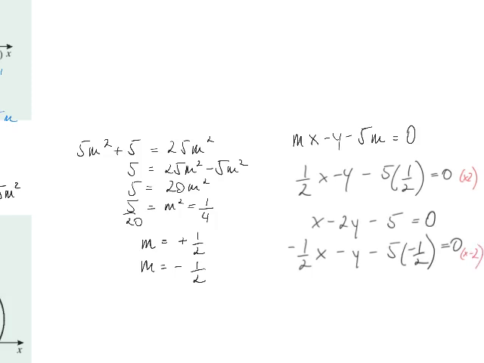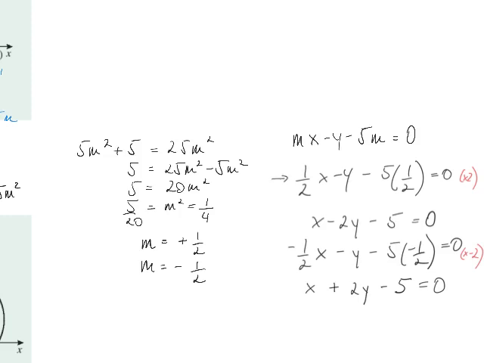Okay, so that leaves me with x, and now I have plus 2y, and then minus 5 times minus 1/2 would be plus 5/2, but then I multiply by minus 2, so I'm left with minus 5 equals 0, and these are the equations for the two.